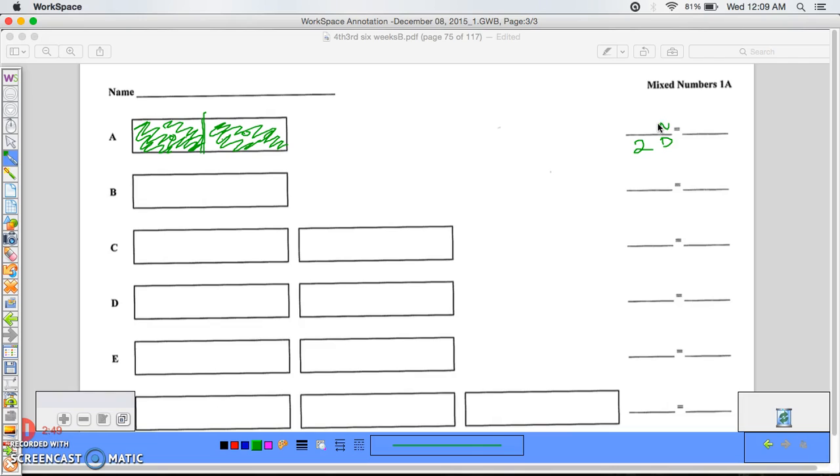In this case, I'm talking about the shaded pieces. So how many pieces do I have shaded? 2. So there I go. Here's my fraction: 2 halves, or 2 out of 2. You see how they're both the same? Guess what this also equals? One whole piece.